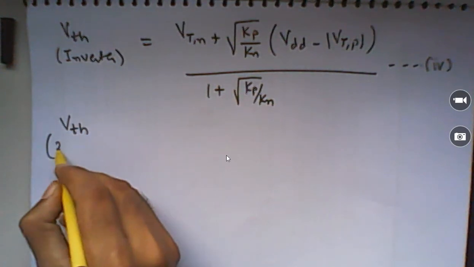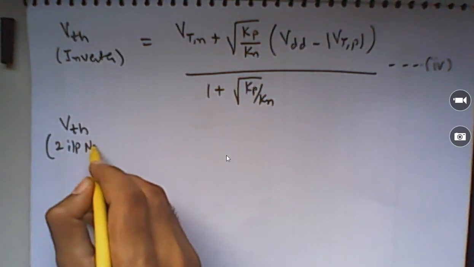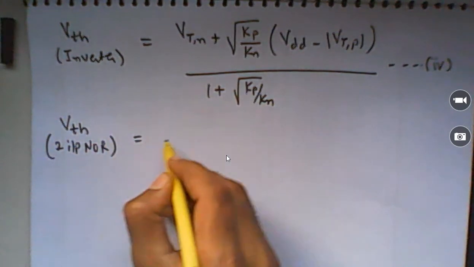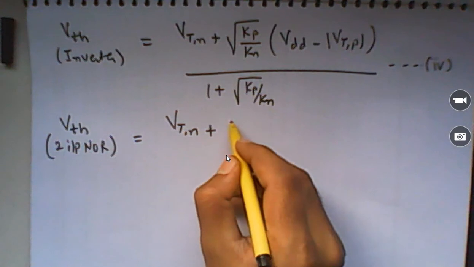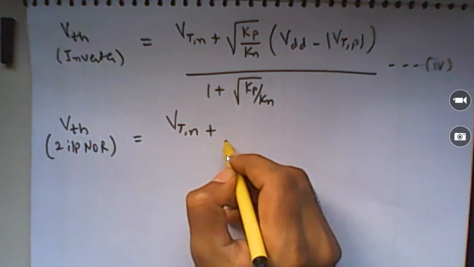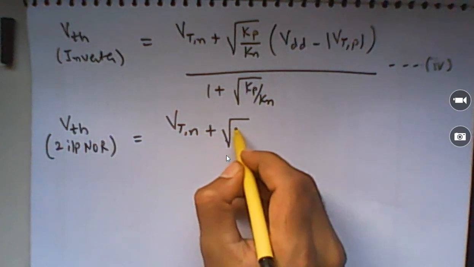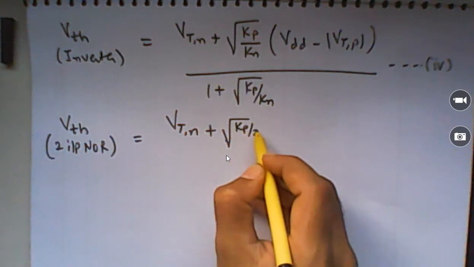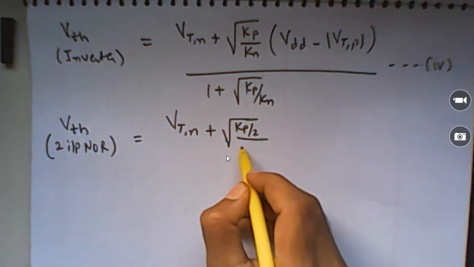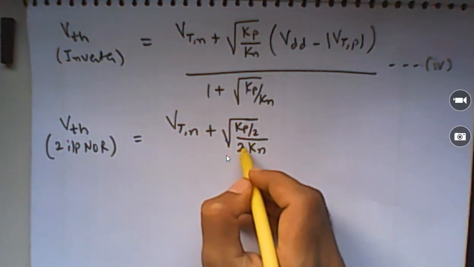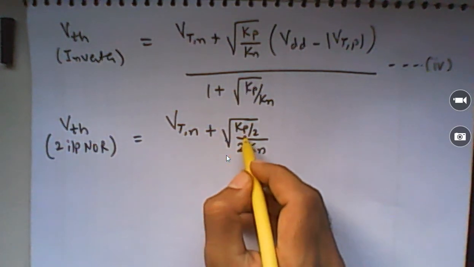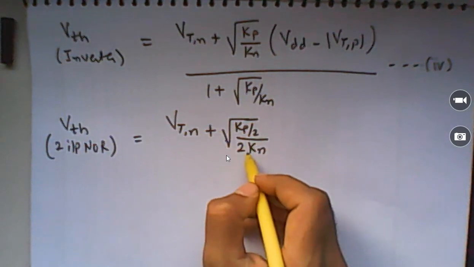So the threshold voltage which we have derived for the 2 input NOR gate is VTN plus 1 upon 2 root of Kp divided by Kn. It can be written as Kp by 2 divided by 2 Kn. If you take the 1 upon 2 inside, it is 1 upon 4, so 1 upon 4 can be written as 1 upon 2 divided by 2.